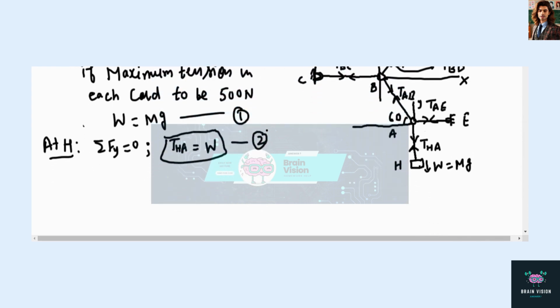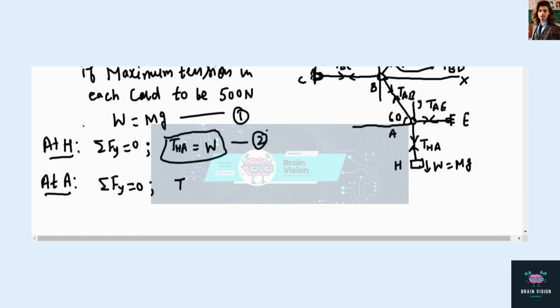Now we will apply the condition of equilibrium at point A. Summation of Fy must be zero. Let us see the figure. So tension in the AB string has to be resolved into Y component and X component.